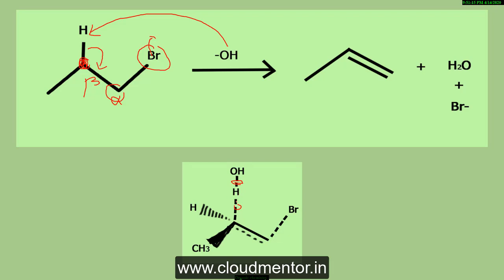The carbon-hydrogen bond is weakening, as well as the bond between the carbon and the leaving group, and the pi bond begins to materialize. So this happens all at once.